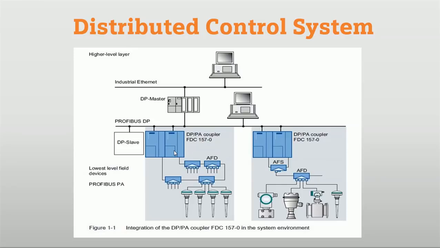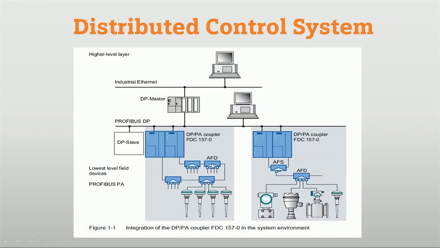Now here we are using AFD or AFS. AFS is the active field splitter. This active field splitter is used for making redundancy with the coupler. You can see here we have connected two DP/PA couplers. When one coupler fails, the second coupler takes over communication, and with the help of this AFS we can connect these field devices with the main station or automation station.